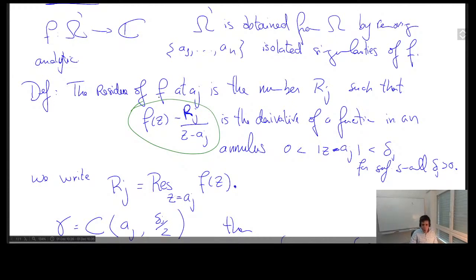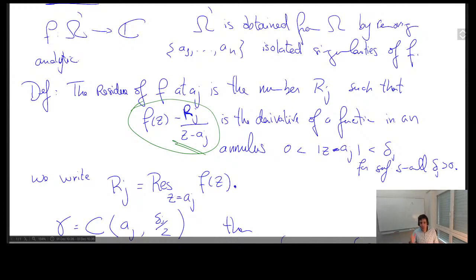It means that in order to compute integrals of functions with isolated singularities, on curves that potentially go around those singularities, all you need to understand is what happens at the part of the function that has the 1 over z minus a_j.